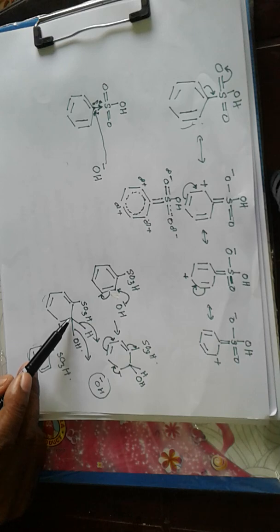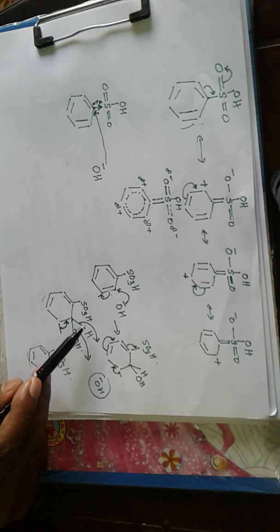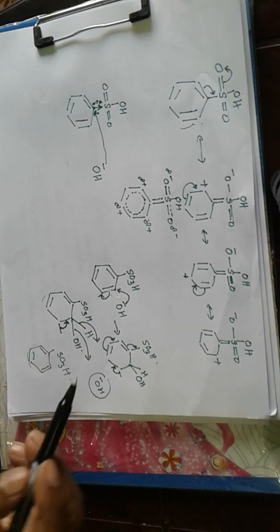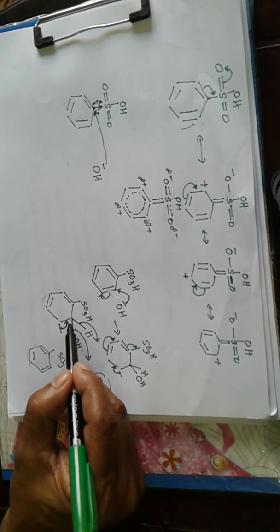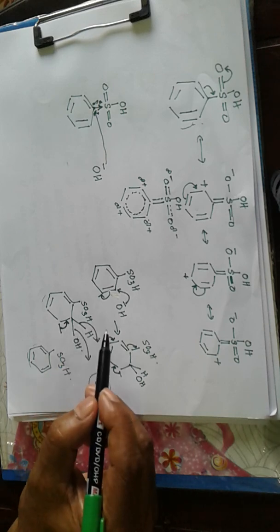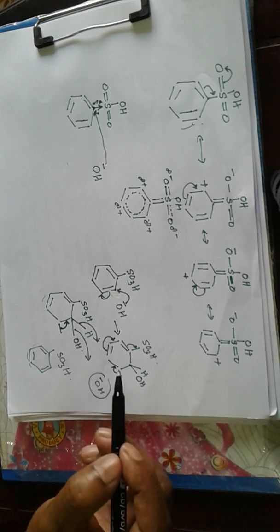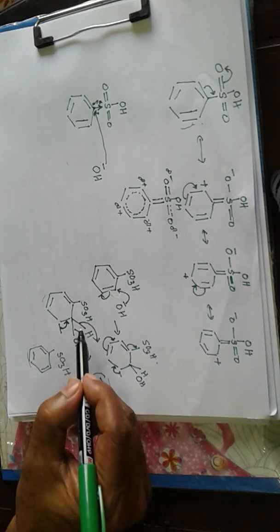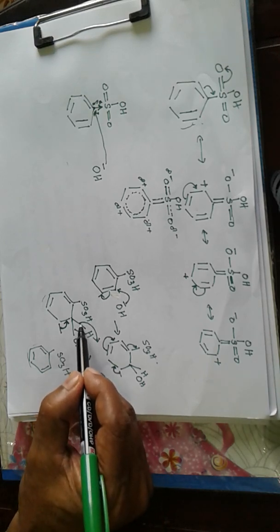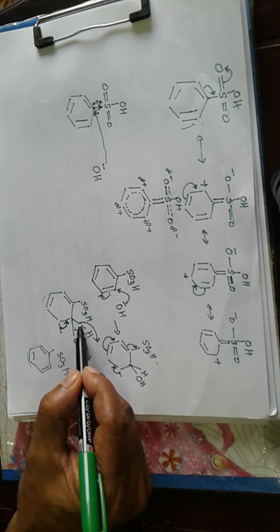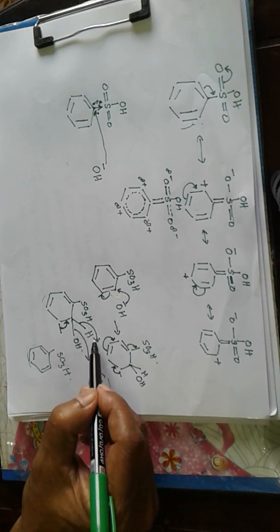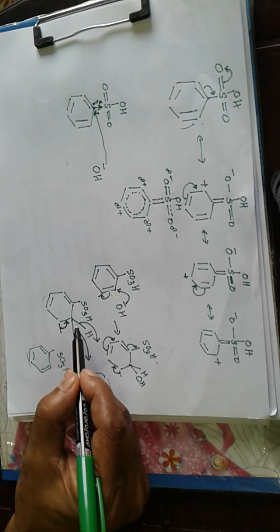So to neutralize the charge, either H negative or OH negative should be removed from this structure. Now carbon is more electronegative than hydrogen. The electronegativity of carbon is 2.5 and that of hydrogen is 2.1. So there is a very rare chance for removal of H as H negative because carbon is more electronegative.